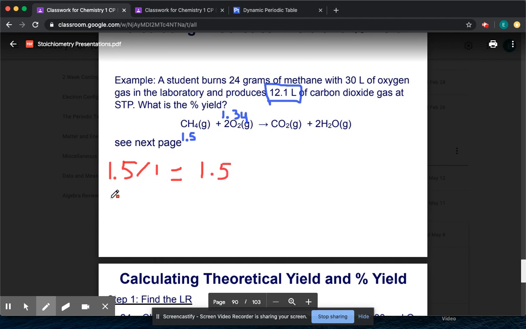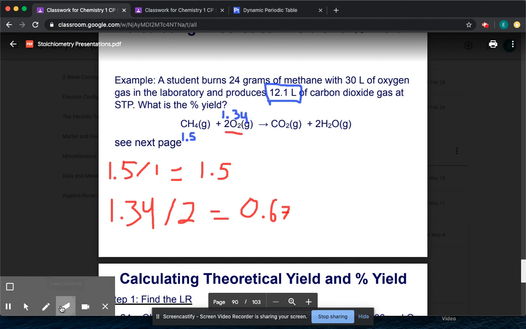And then you would do 1.34 divided by 2, which comes out to be 0.67. So oxygen is our limiting reactant. That is what's going to limit how much of the products we can make.